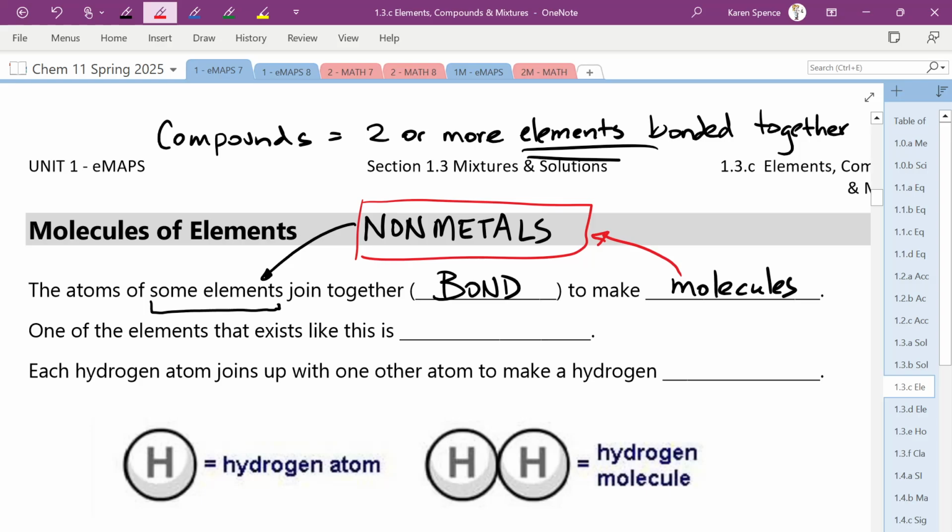And also it says atoms, which does not mean they have to be different elements. They could be the same element. You can have the same element making a molecule, which is not a compound. Okay? So one of the other elements that exists like that is hydrogen.